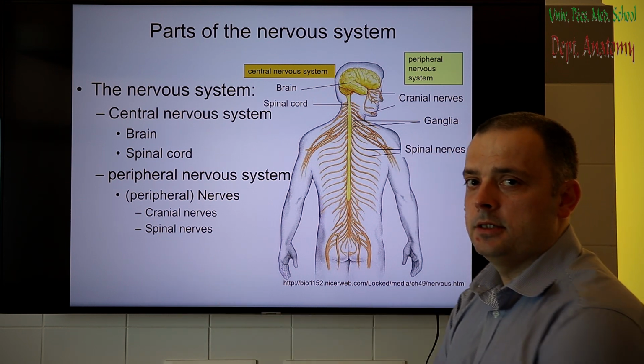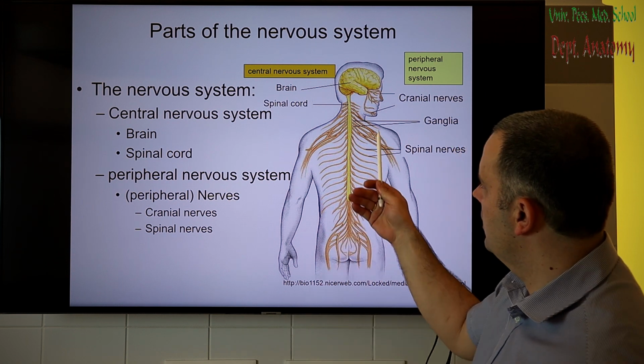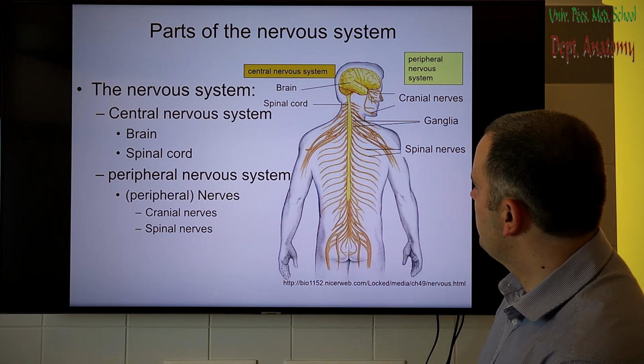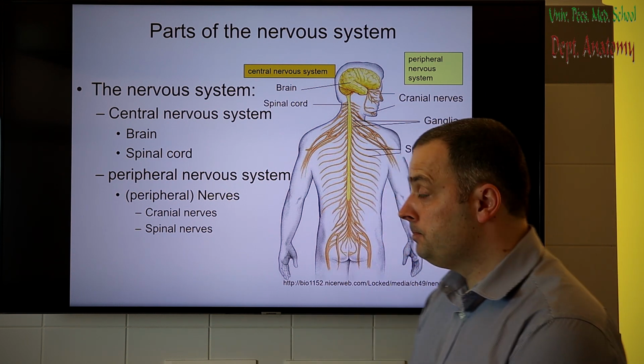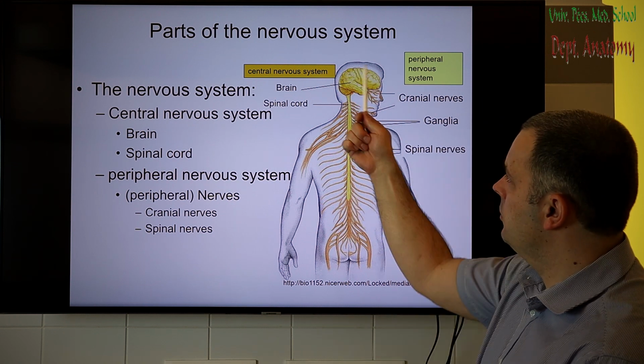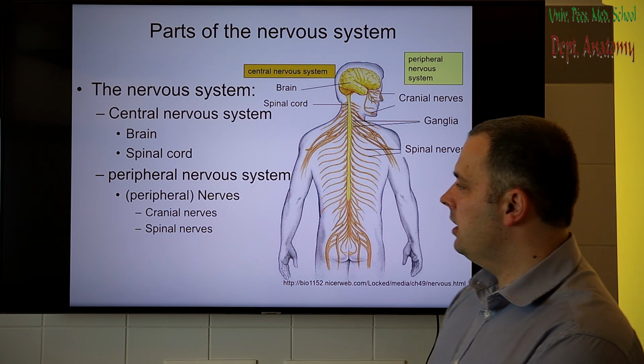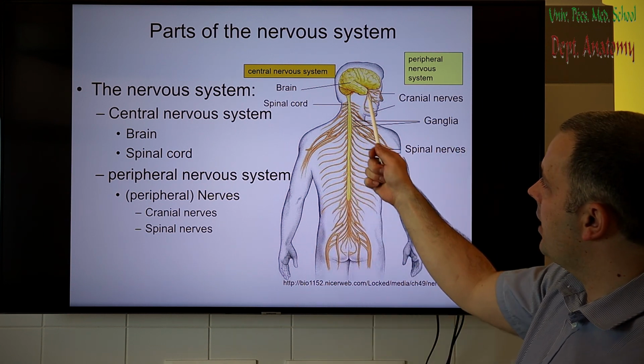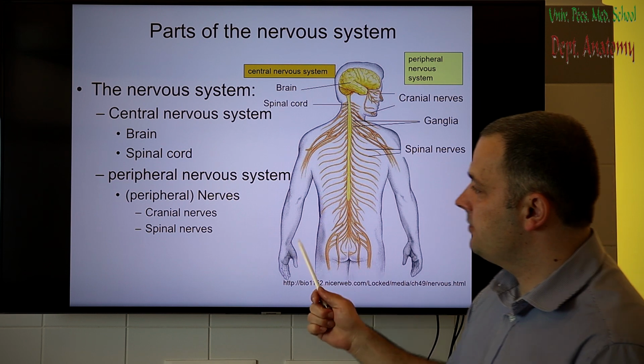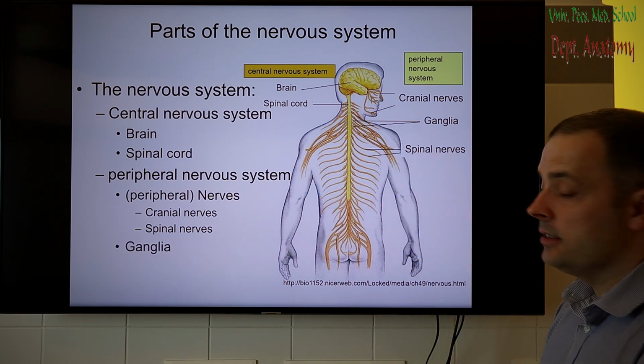In the anatomy studies in the first semester, you are most of the time familiar with the spinal nerves, but when you study the skull, you will at least study the names of the cranial nerves also, which directly arise from the brain. Spinal nerves arise from the spinal cord, of course, as the name already suggests.